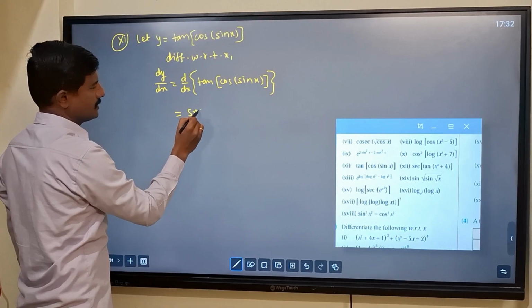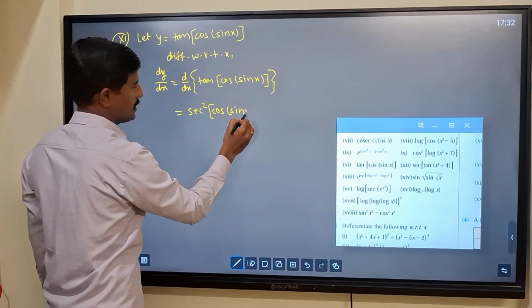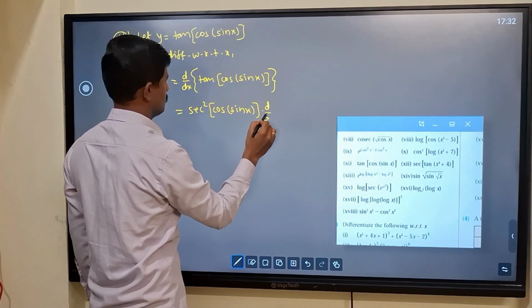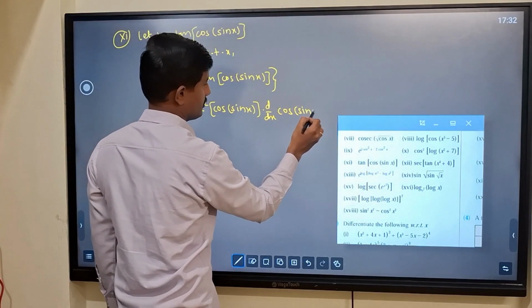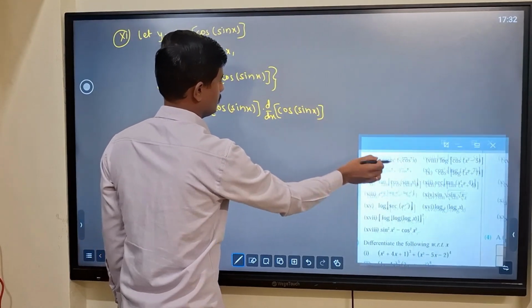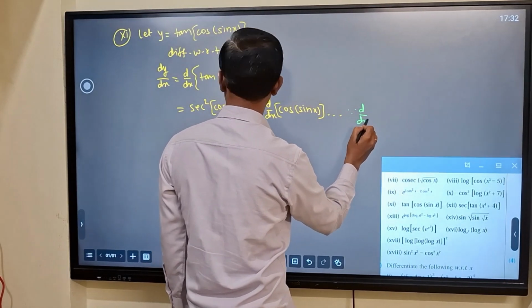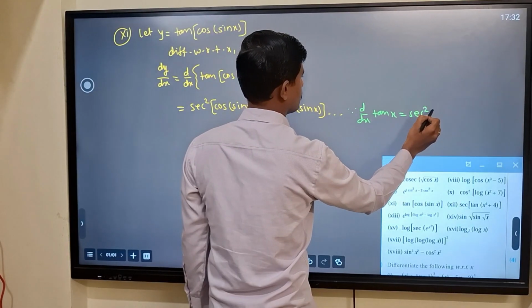Differentiation of tan is sec square cos of sin x into d/dx of cos of sin x. d/dx of tan x is sec square x.